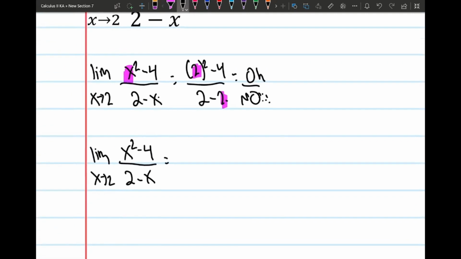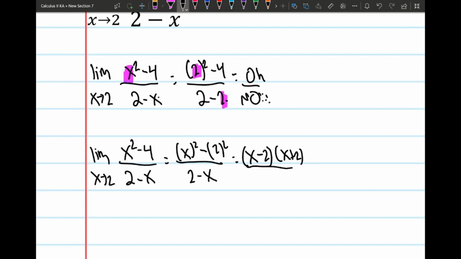So this is x squared minus 2 squared over 2 minus x, which is x minus 2 times x plus 2 over 2 minus x. If you really know your algebra, you would know this pattern. If you don't know it very well, I do have videos over that to refresh your memory.